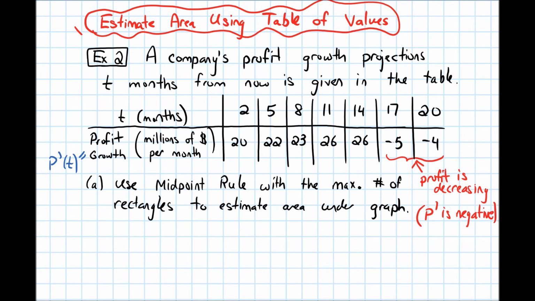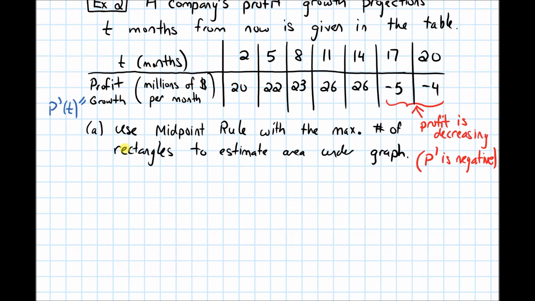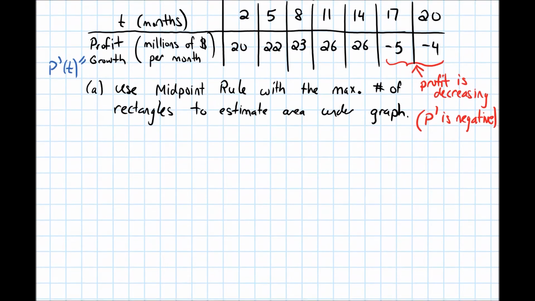Okay, so let's talk about how we can use the midpoint rule here. Because I have a table of values, let's begin by plotting these points. So let's draw some axes. I'll have a t-axis, and then I'll have a p prime axis for my rate of growth of profit.